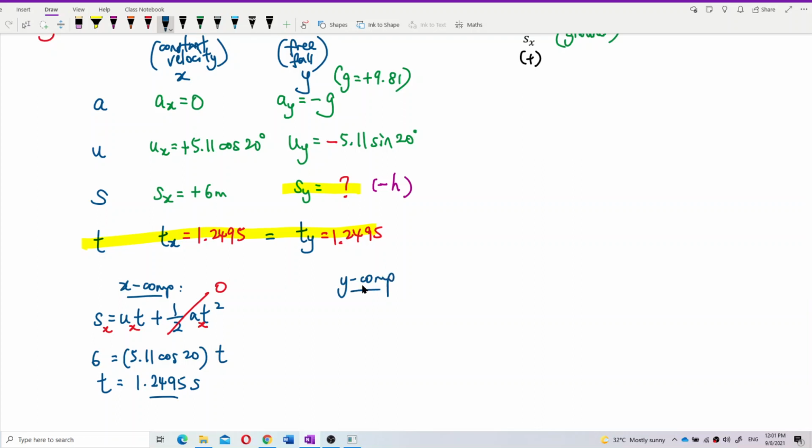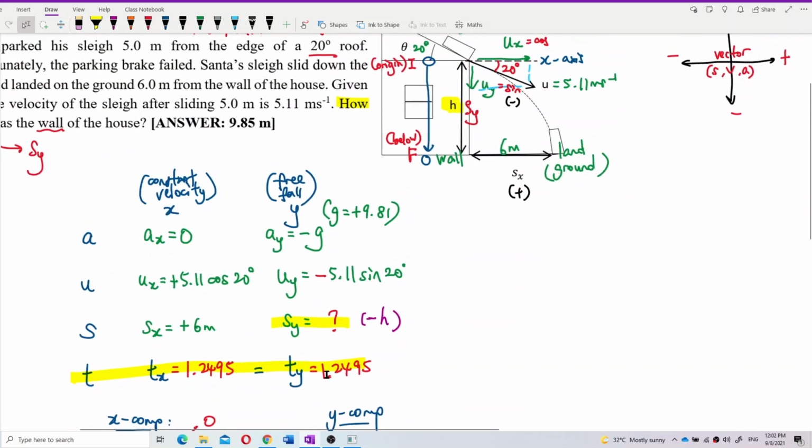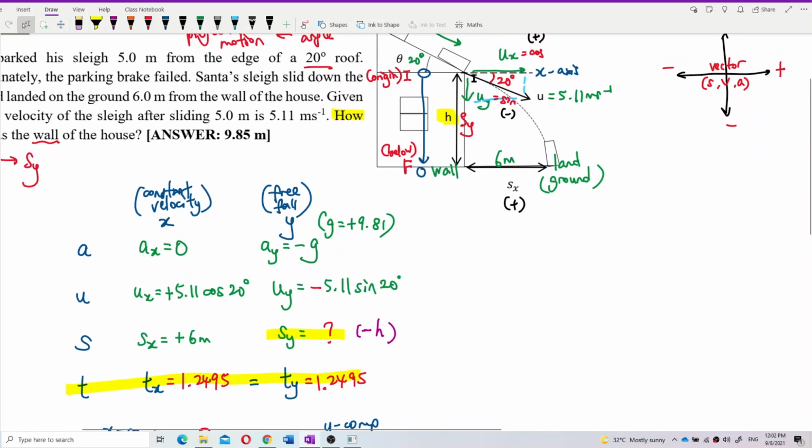Now only we can continue with the y component. So what formula can we use? We already got the time. What does it mean by this time? Yeah, this time is the same as the time for the projectile motion. That means this is the time for the ball, the slate released from the edge of the roof and land on the ground.